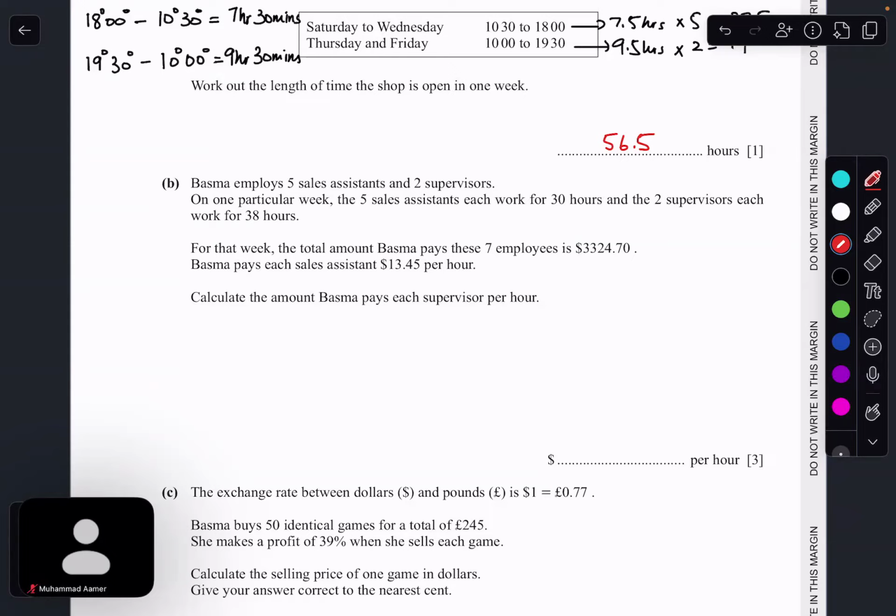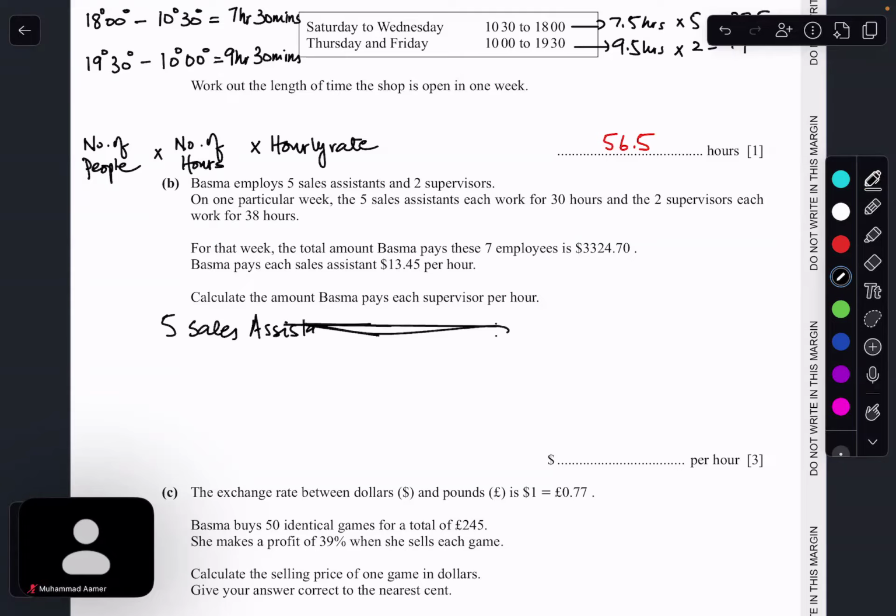So what we have to see is we have number of people, and then we have the hourly rate, so number of hours, and then the hourly rate. That is, what are they getting per hour? So we have 5 sales assistants plus 2 supervisors.